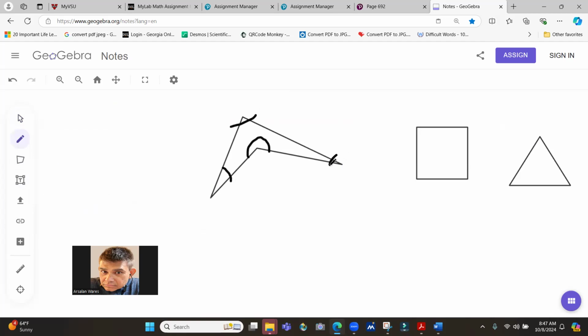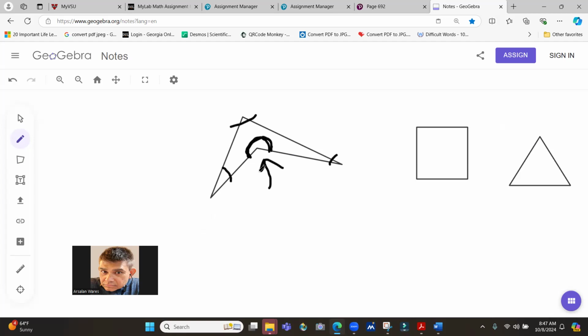Wherever you have a dent, this angle will be bigger than all the other angles. So in a regular polygon, all angles are supposed to be the same. If you have a polygon with a dent, all angles will never be the same. The dent will cause the inside angle to be way bigger.